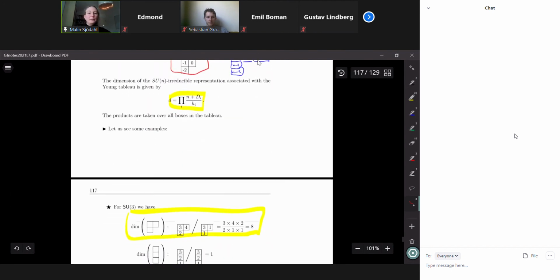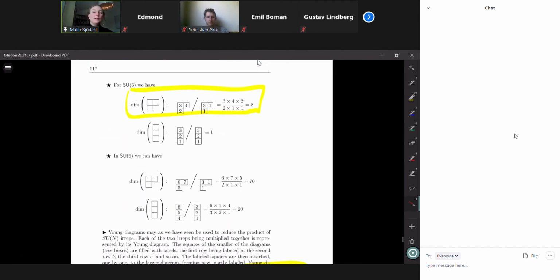I think this is easiest to see in a single example. So let's take a look at the dimension of this. We may recognize this, since before it was the octet. So let's see if this is what we get. First, in the numerator, I start with 3. I increase by 1 going horizontally, and going vertically down, I decrease by 1. So I have 3 times 4 times 2. Then I divide by my hook lengths. The hook length of this box is 3, of this one is 1, and of this one is 1.